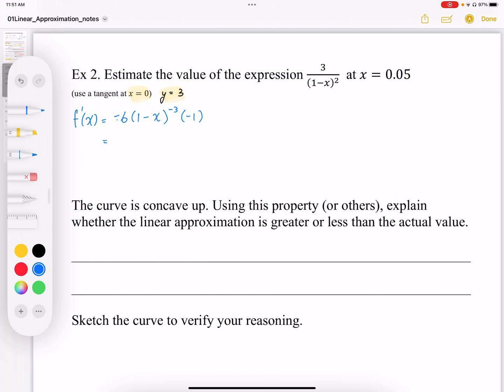So simplifying this, negatives cancel out, and I end up with 6 over (1 minus x), that negative 3 becoming cubed in the denominator.